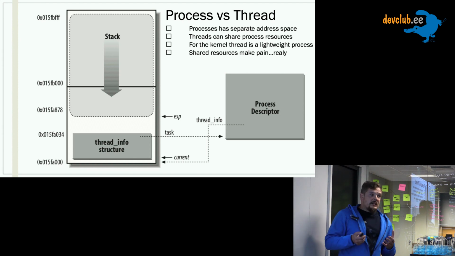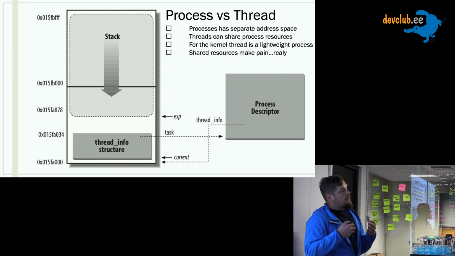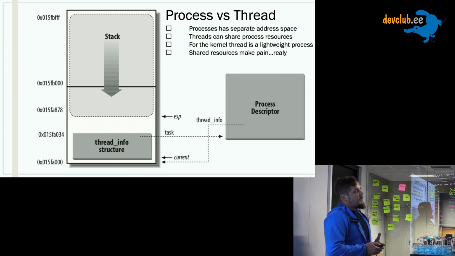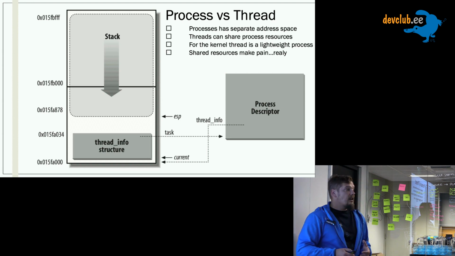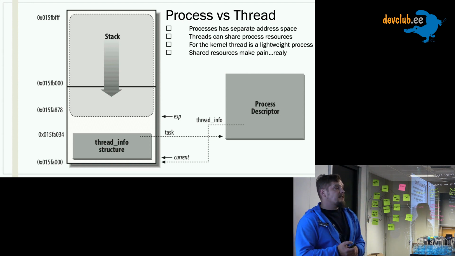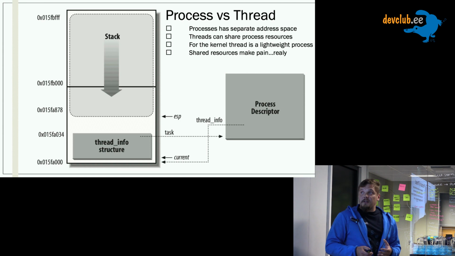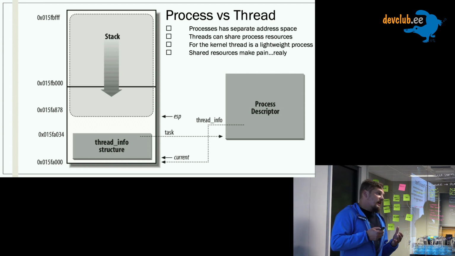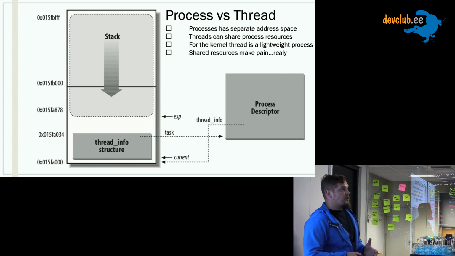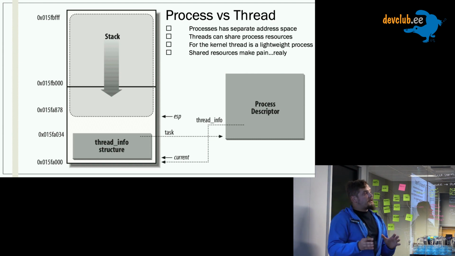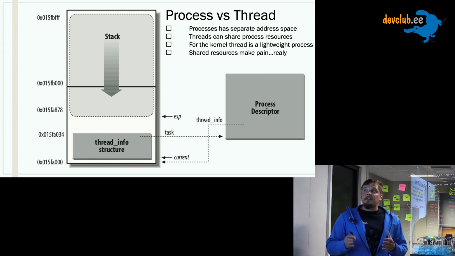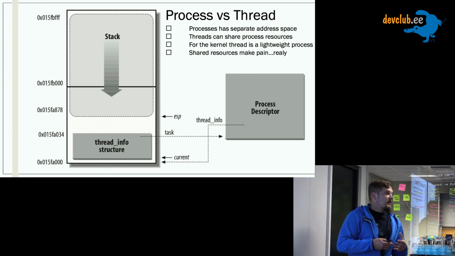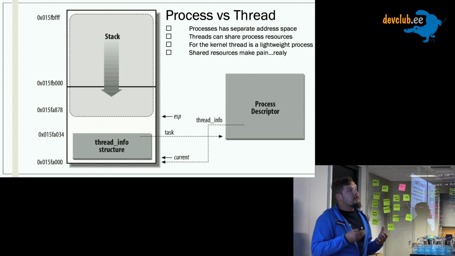The difference is that threads can share the address space of the process or some resources such as file descriptors and so on. For the kernel there is no difference between the process and the thread. They have exactly the same data structure, only threads are grouped in a specific kernel group, the thread group.